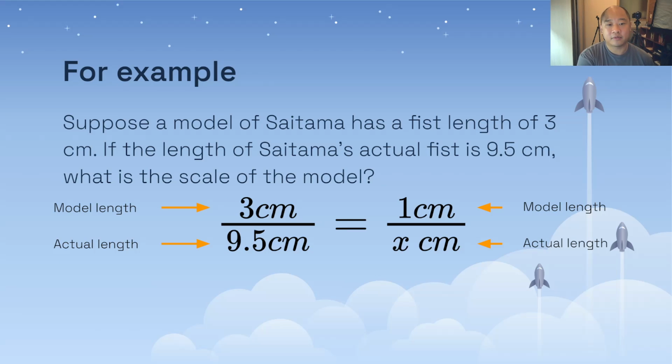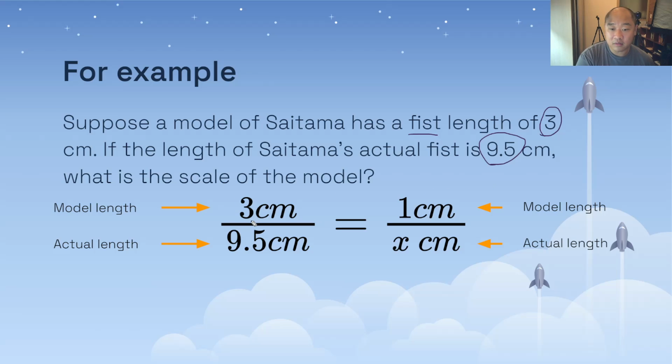Here's an example. Let's say we have a model of Saitama, and the fist on the model has a length of 3 centimeters. If the length of Saitama's actual fist, this right here, is 9.5 centimeters, then what is the scale of the model?